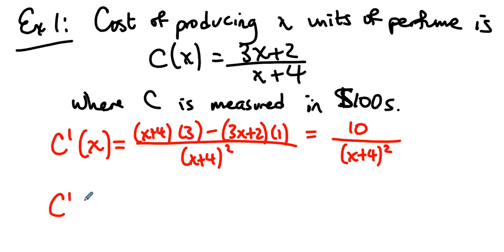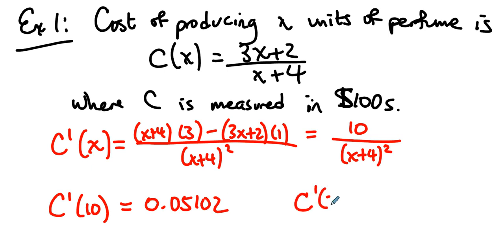What does that mean? Well, we can find C prime of 10. I did this by using my machine. We could find C prime of 20. I did this by using my machine. What do these numbers mean? Well, this is a number of hundreds of dollars.